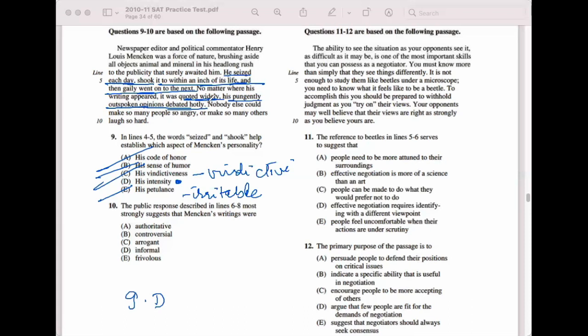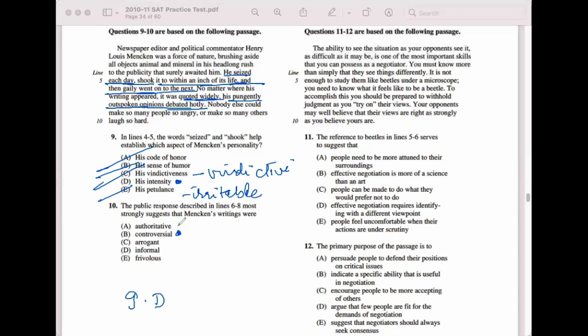So let's look at what is the best word to convey his writings. Authoritative, controversial, arrogant, informal, frivolous. Okay, so I like controversial, right? Because controversial is something that excites debate, right? Something that leads to people looking at various facets of something, right?